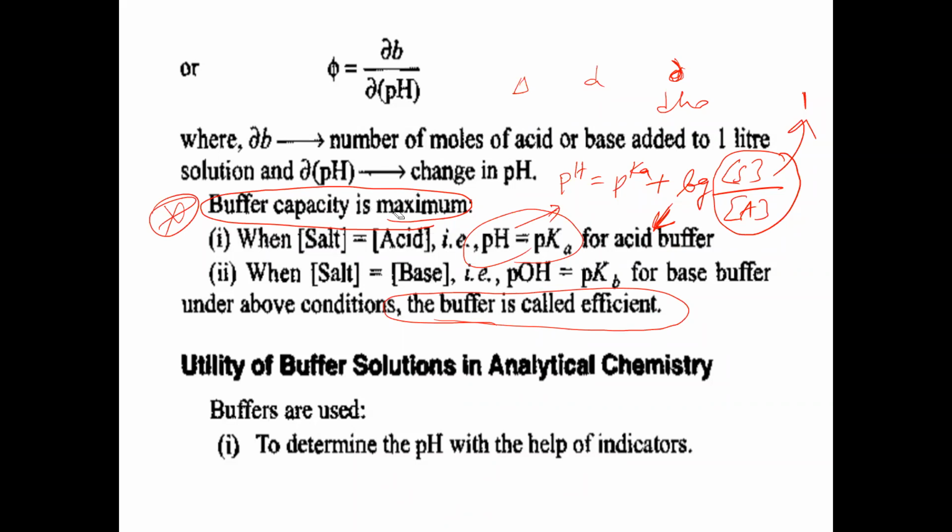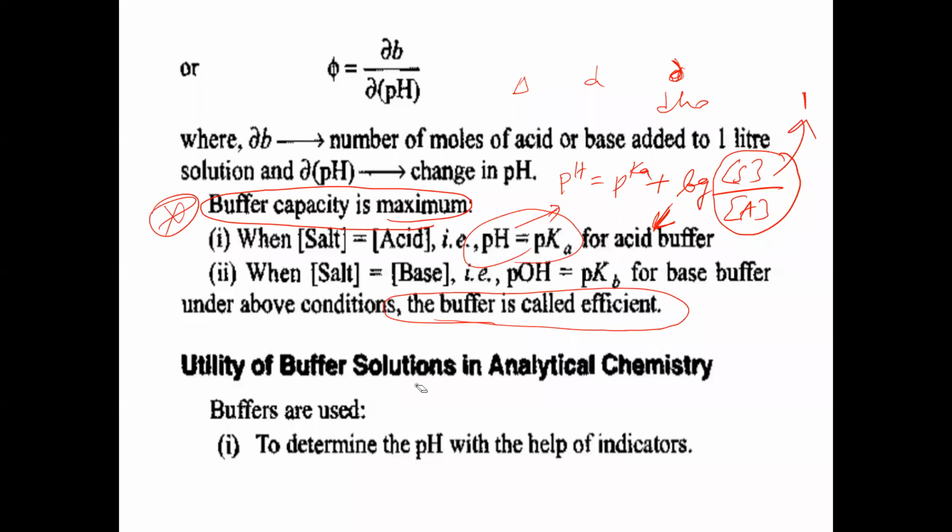So if the problem mentions an efficient buffer, we have to understand that salt concentration is equal to base concentration for a basic buffer, and salt concentration is equal to acid concentration for an acidic buffer. pOH is equal to pKb for a basic buffer, and pH is equal to pKa for an acidic buffer. We have to understand this if they say the buffer has maximum efficiency or maximum buffer capacity.